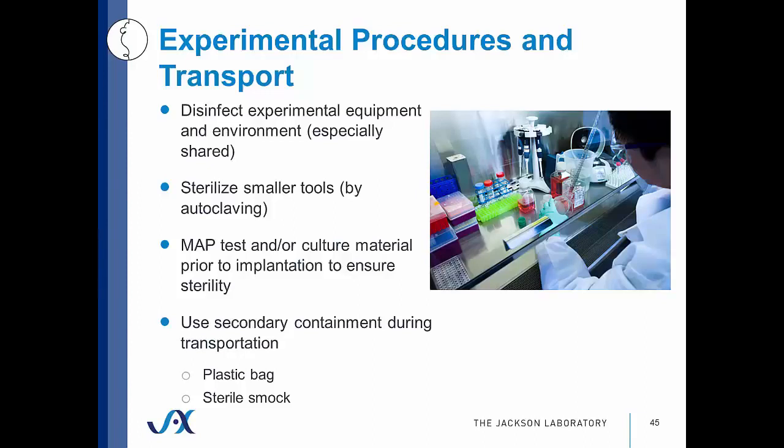And finally, if you're transporting the mice, say, from one room to another, it's important to use a secondary containment during that transportation, whether that be a plastic bag or a sterile smock. Now, keep in mind, if you're using a sterile plastic bag, that there is very limited air and circulation in there, and so you'll have to be pretty quick in using them.